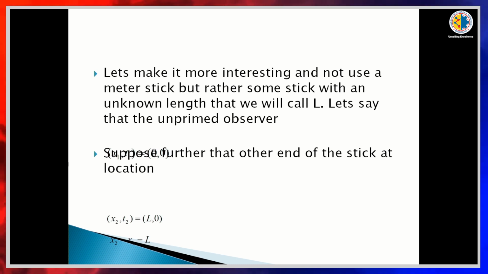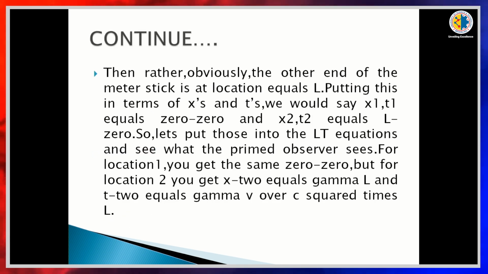Let's say that for the unprimed observer, the other end of the stick is at location x2, t2 equal to L, 0, and x2 minus x1, after subtraction, final point minus initial point, will be L. Then rather obviously the other end of the stick is at location equal to L. Putting this in terms of x and t, we could say x1, t1 equals 0, 0 and x2, t2 equals L, 0.